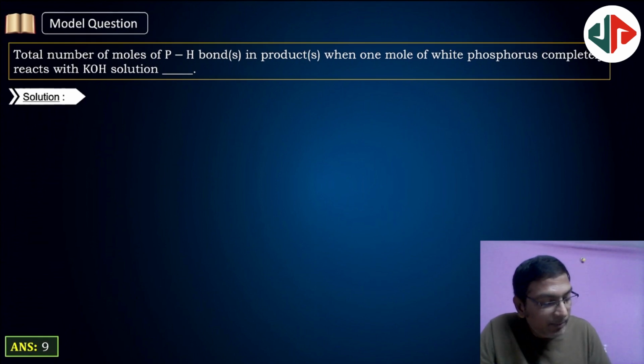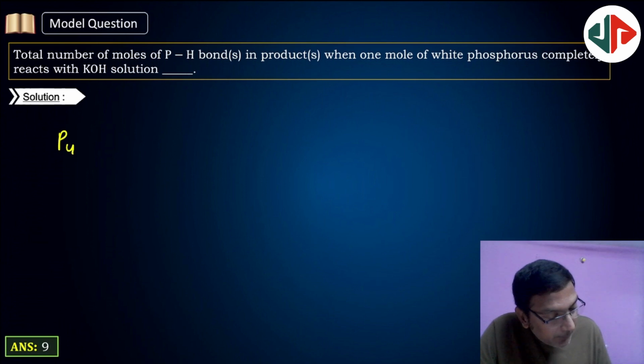So, the number of moles of PH3 produced when 1 mole of white phosphorus completely reacts with KOH solution is? So, this is also very important. So white phosphorus means P4 reacts with concentrated solution of KOH.